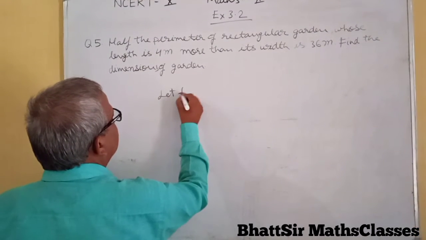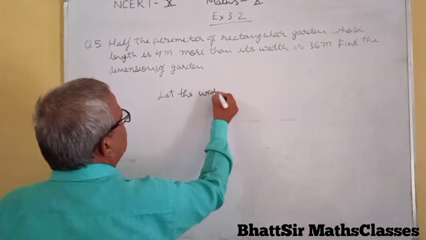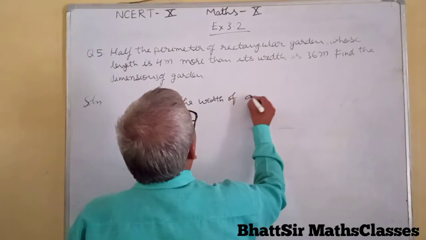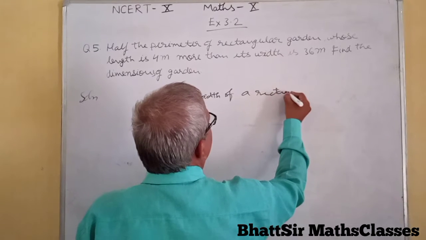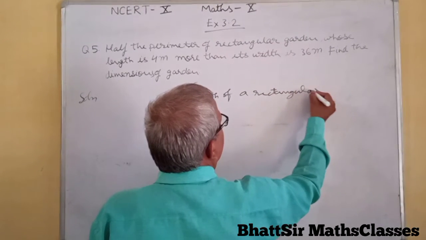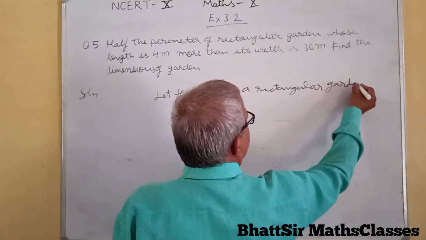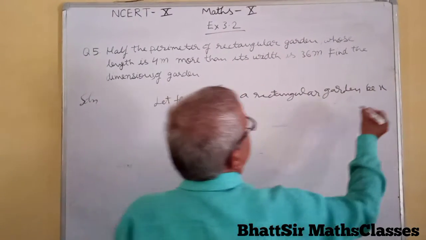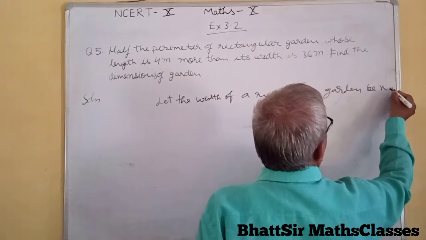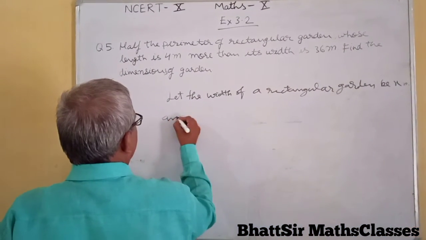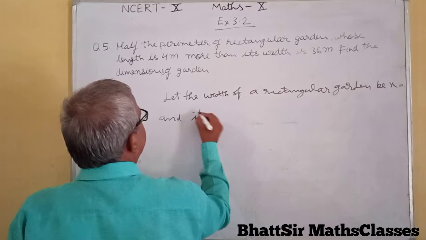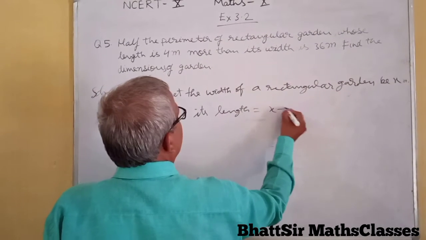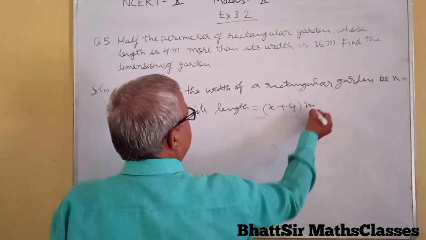Let the width of a rectangular garden be x meter and its length equal to x plus 4 meter.